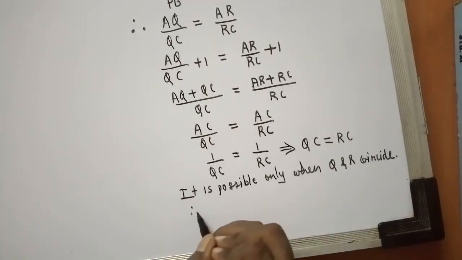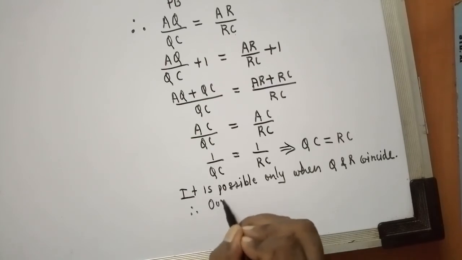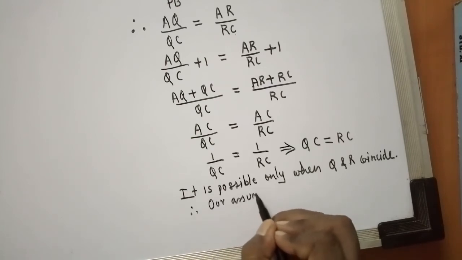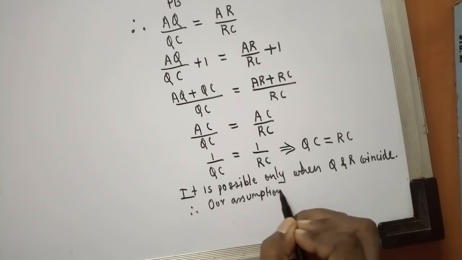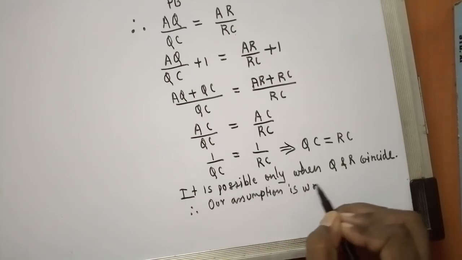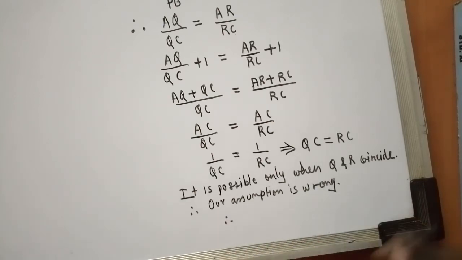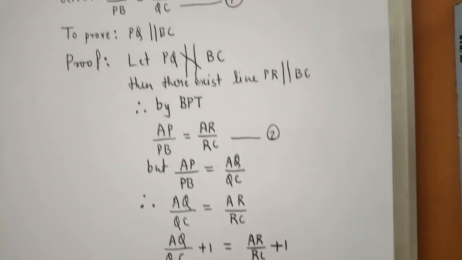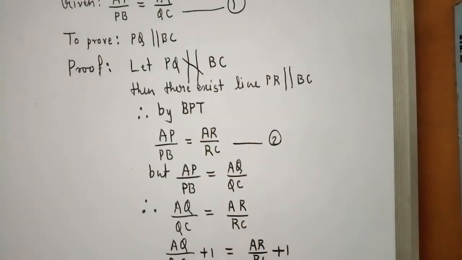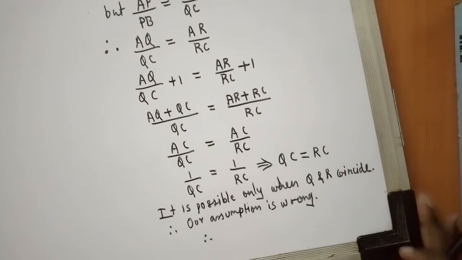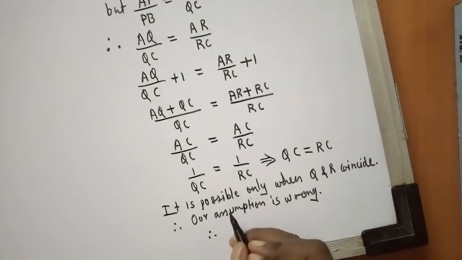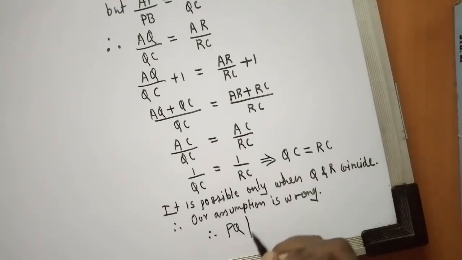So we can conclude that this is not possible, and therefore our assumption is wrong. What was our assumption, friends? Our assumption was PQ is not parallel to BC. As our assumption is wrong, therefore PQ is parallel to BC. Hence proved. This is what we wanted to prove.